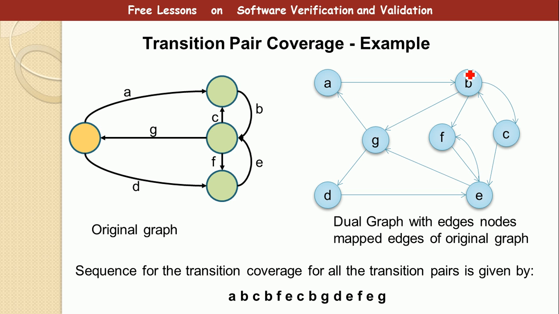Here you have A, B, C, B, F, E. If you follow this transition here, then you see that the whole sequence of transitions is thoroughly covered. So maybe pause the video and try to practice it by yourself. Maybe try to close the dual graph and construct it from the start by yourself. You appreciate how interesting this is.